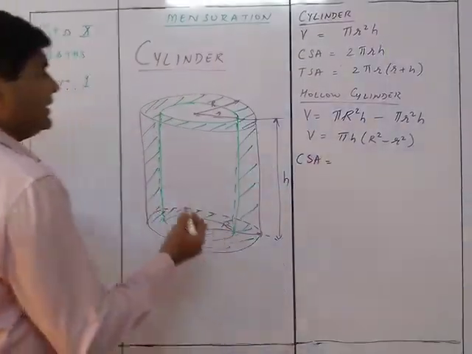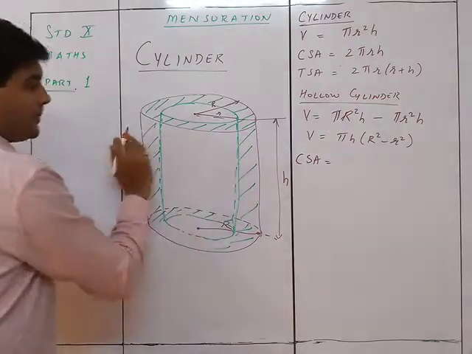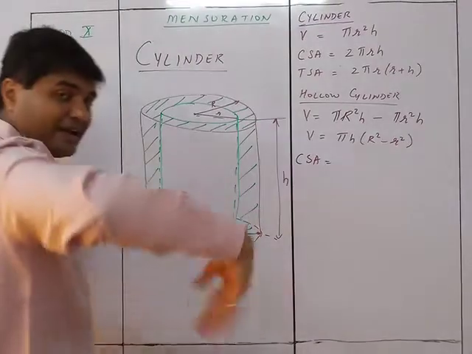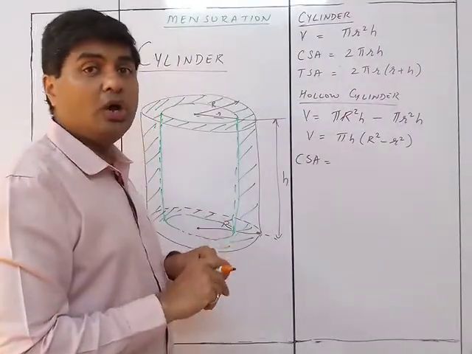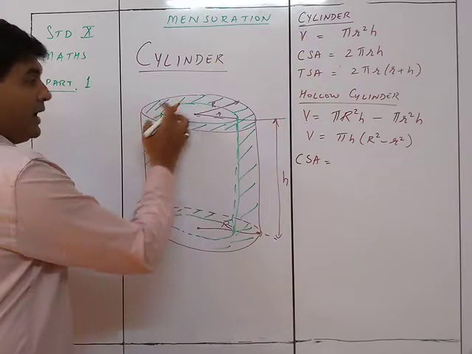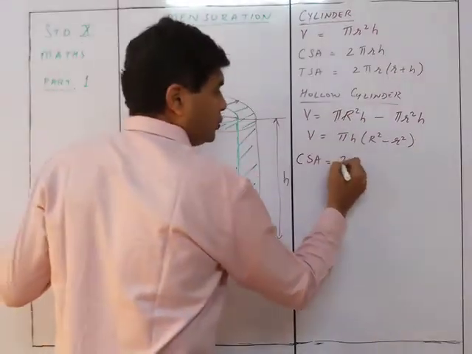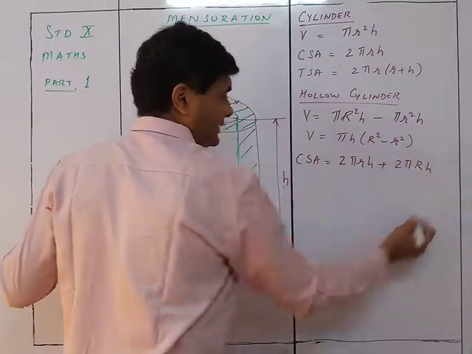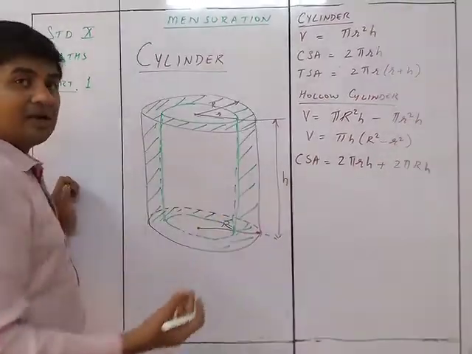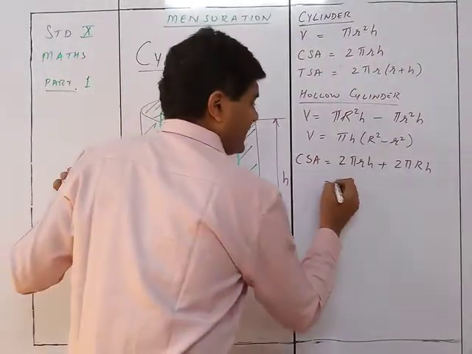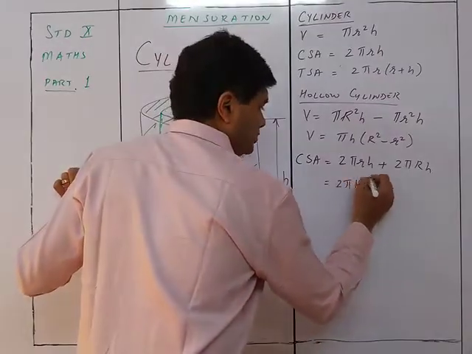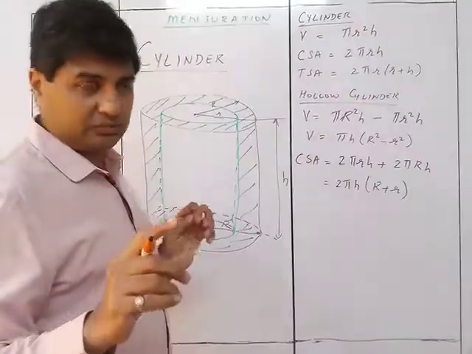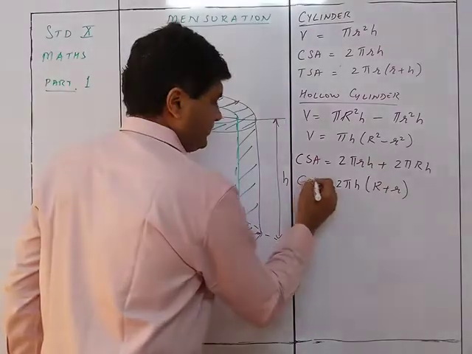So here now I can touch the outer part and the inner part also, inside the pipe. So how much will the curved surface be? Inner part is 2 pi r h plus outer 2 pi capital R h. I can touch both the outside and the inside. Hence it's 2 pi h R plus the smaller one. It will be addition. So this is CSA.